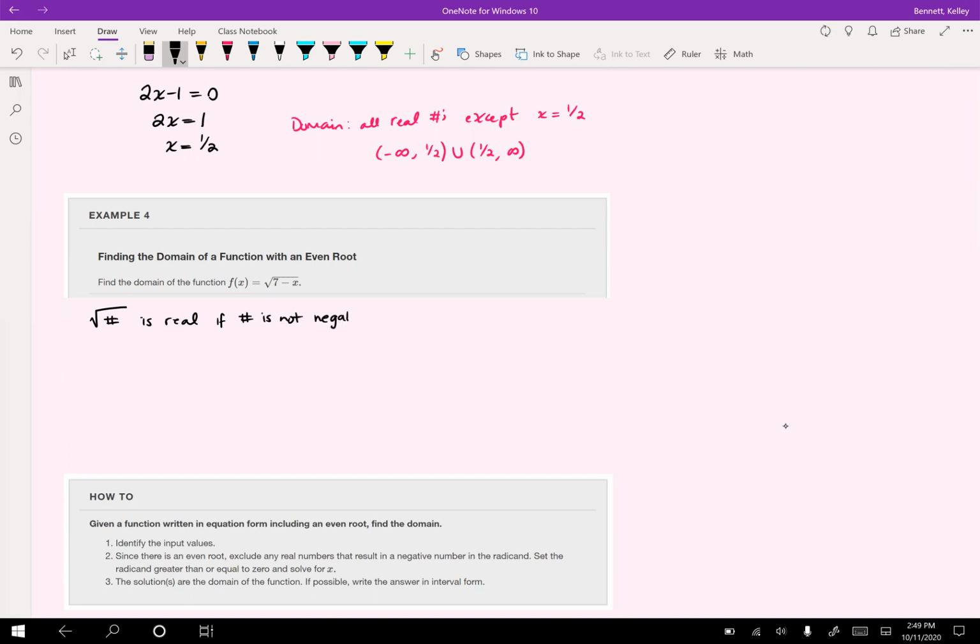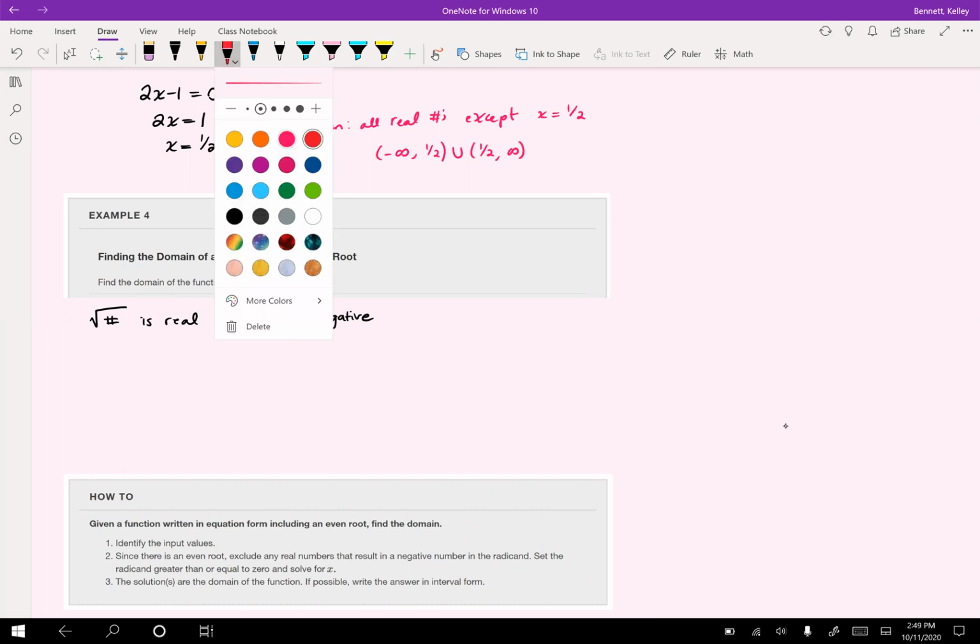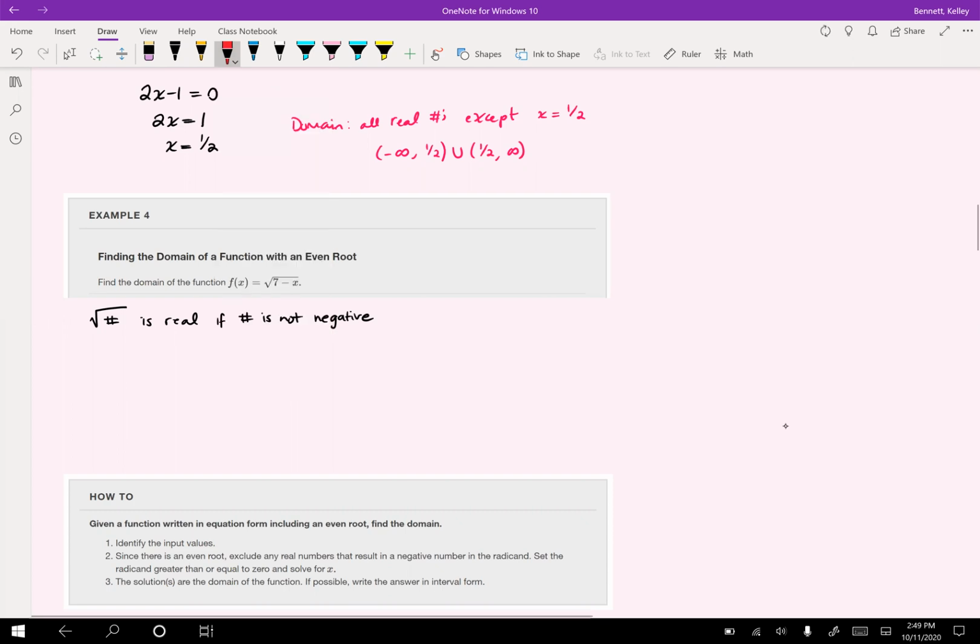So anytime we take the square root of a negative number, we're going to get a complex value. By the way, this is called the radicand. The radicand is the number or expression inside the radical.